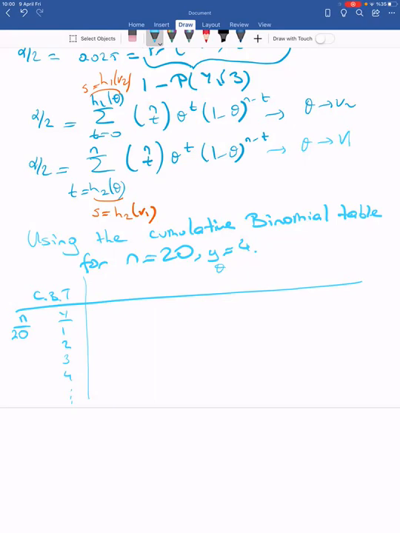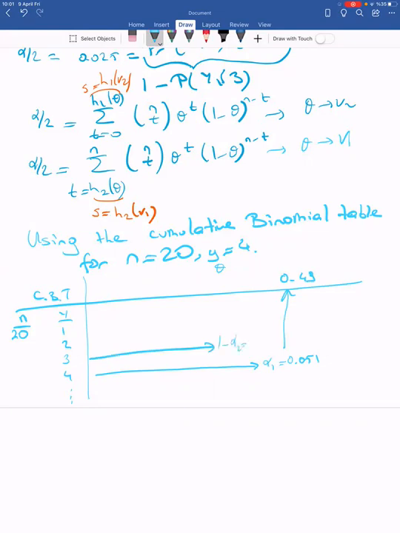Okay, so when y equals 4, go to the cumulative probability here. We get alpha 1 equals 0.051 actually, and in that case our theta value is 0.49. Then for 3 we need to get 1 minus alpha, remember.